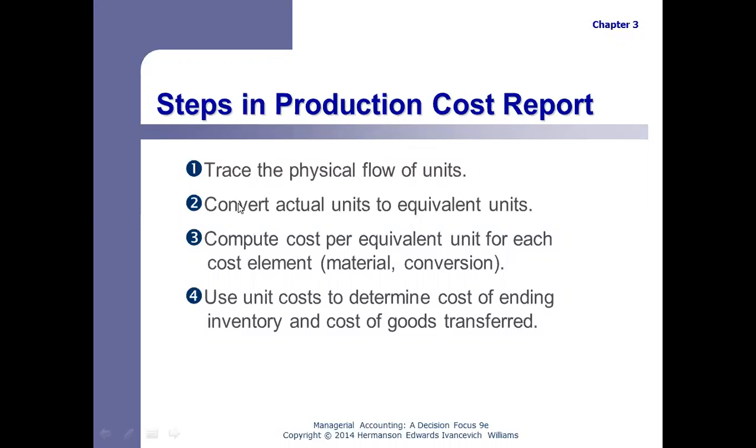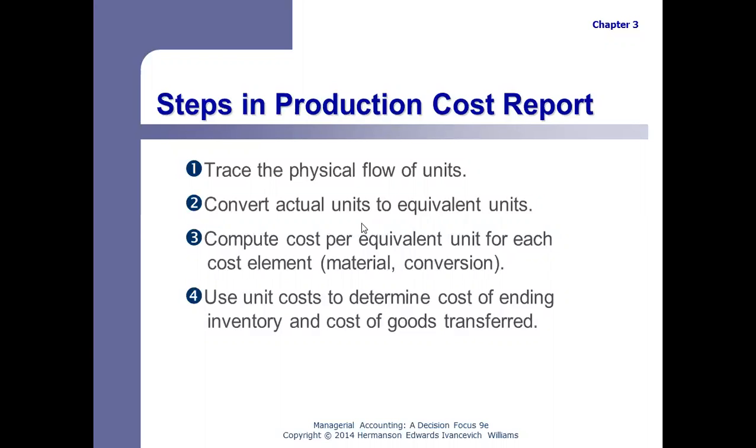The second step: convert those actual units to equivalent units, just as we saw in the earlier example of those 5,000 units that were 30% complete. Actual units was 5,000, but the equivalent units was 1,500.